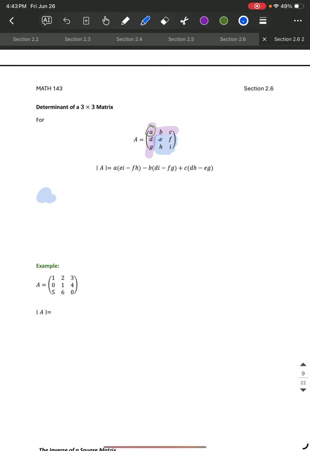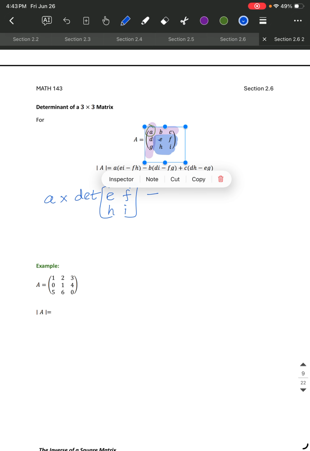A times the determinant of that 2 by 2 matrix, right? Then minus, do the same thing, right? Do the same thing.